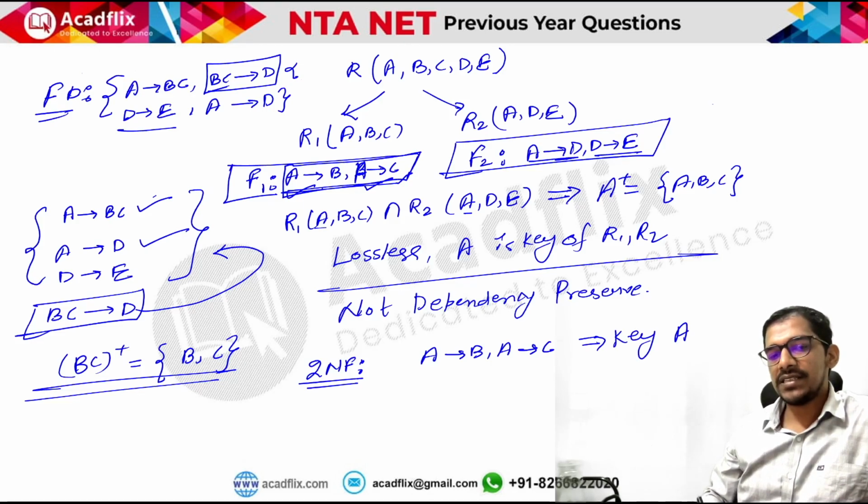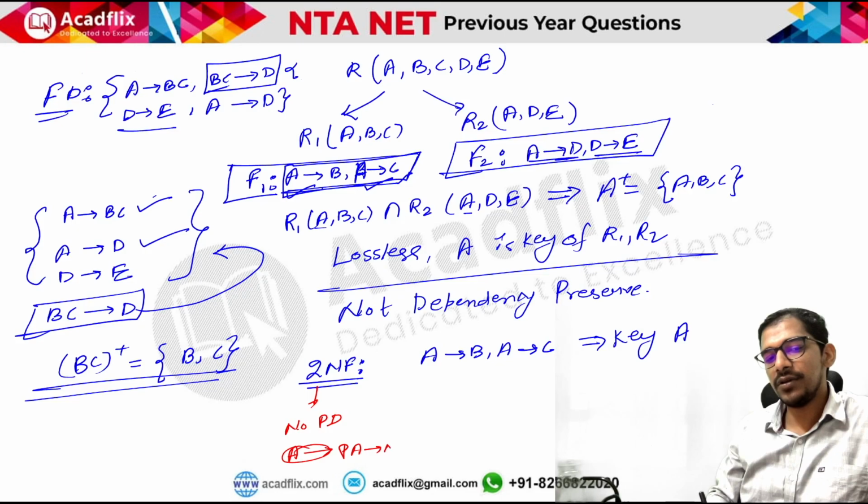2NF says that there should not be any partial dependency. Partial dependency means that a proper subset of a candidate key implies a non-key attribute, or you can say a prime attribute implies a non-key attribute.